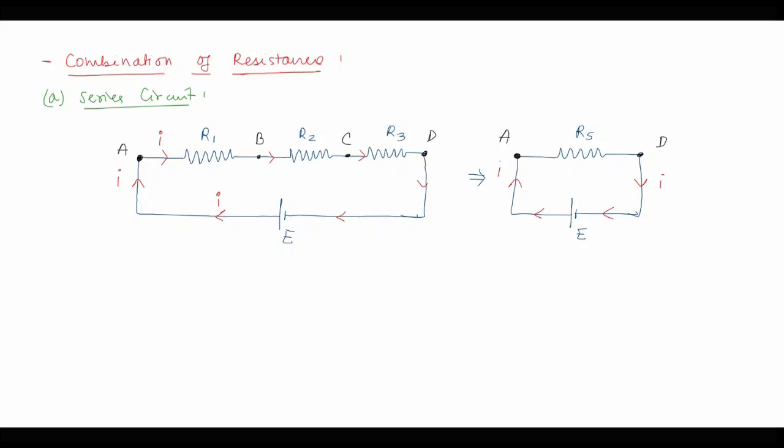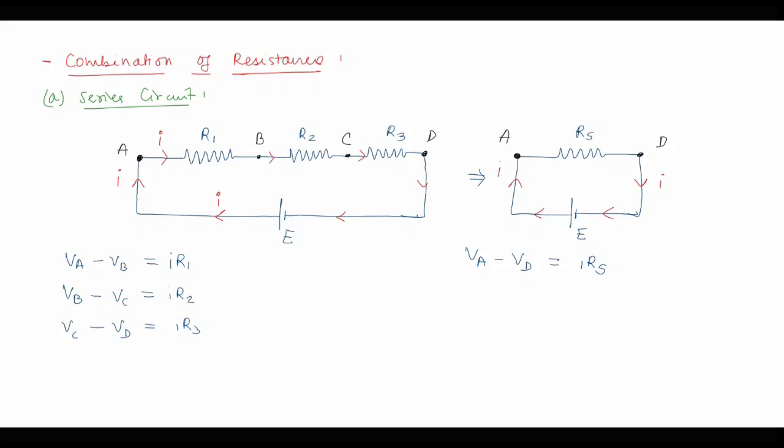If we apply Ohm's law for each individual resistance, I can say VA minus VB is equal to I R1. For the next one, VB minus VC is equal to I R2. VC minus VD is equal to I R3. And for this equivalent combination, VA minus VD is equal to I RS.